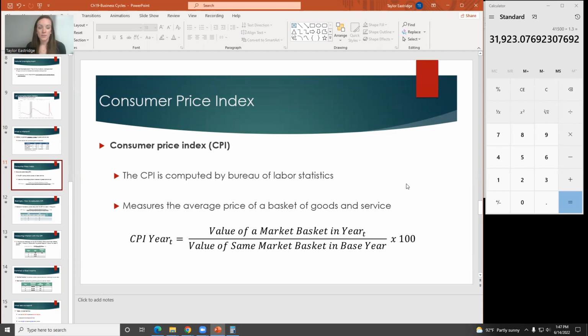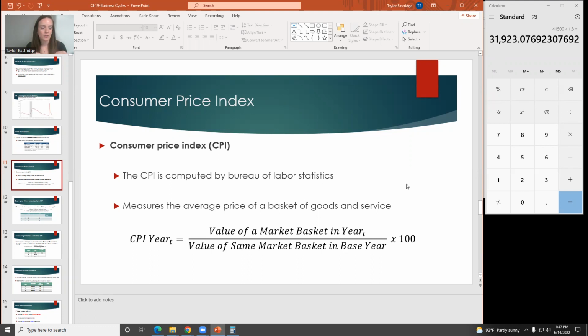There are economists that work for the Bureau of Labor Statistics that go across the nation, region by region, and they look at different prices in the grocery stores and compare them and come up with averages that they can use to calculate a consumer price index.